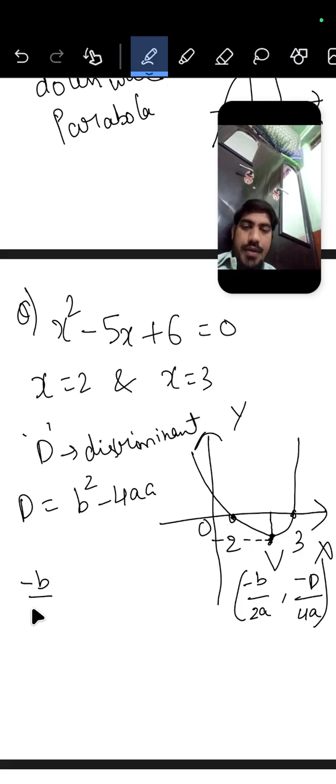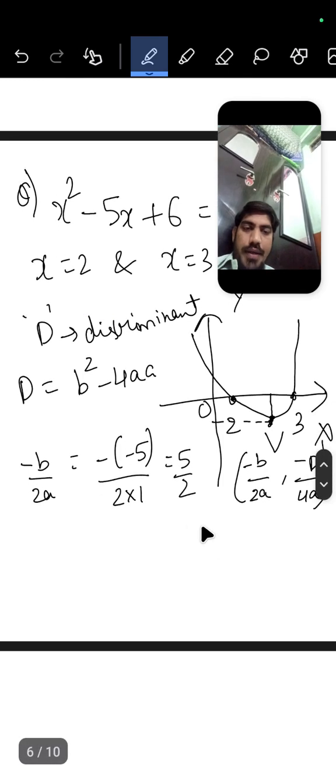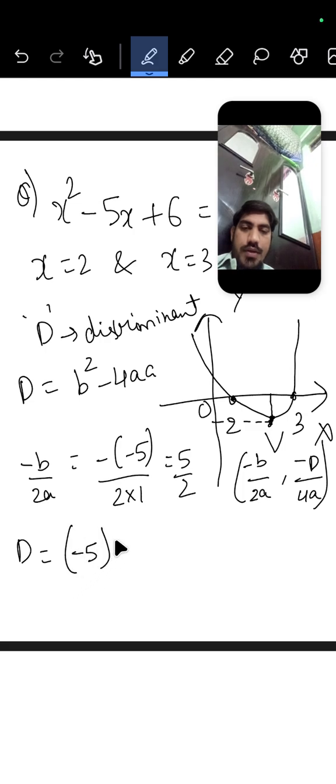If I want to calculate the coordinates of this vertex v, it will give us minus b by 2a, which is minus of minus 5 divided by 2 times 1, which is 5 by 2, and minus d by 4a. The discriminant will be b square minus 4ac, that is minus 5 square minus 4ac. So it is 25 minus 24, which is 1.